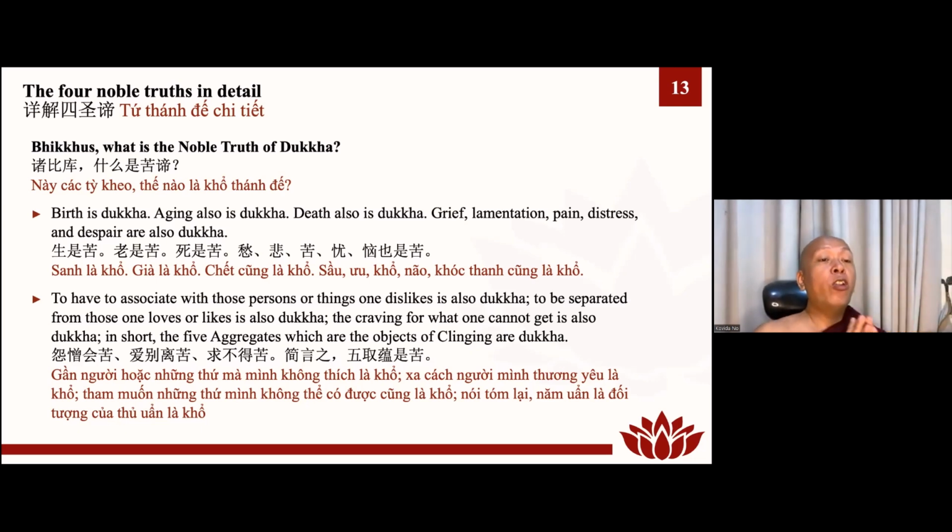So if we can know the Four Noble Truths, if we know ultimate truth, then our vision of life will be different. Not only that, our vision of practice will be different. Our aim, our goal will become clearer.